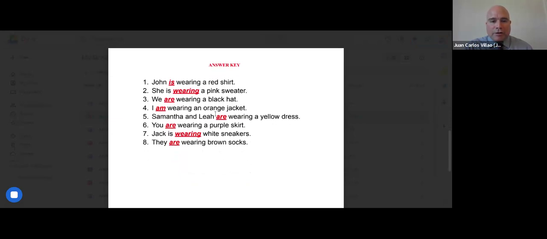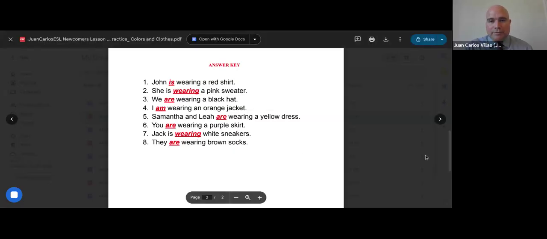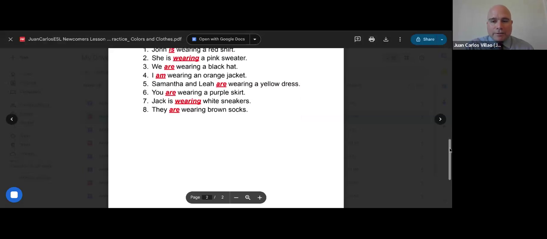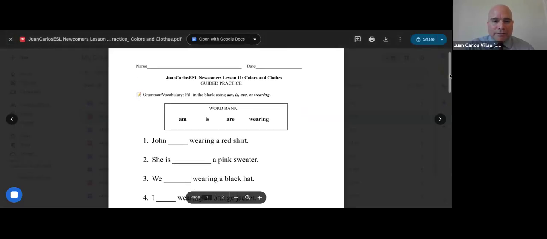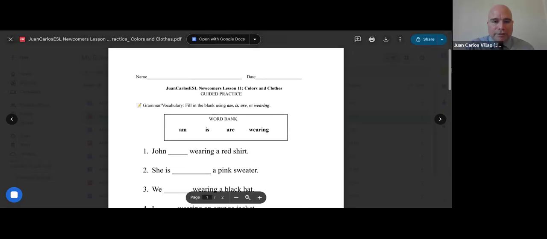I am wearing an orange jacket. Samantha and Leah are wearing a yellow dress. You are wearing a purple skirt. Jack is wearing white sneakers. They are wearing brown socks. Okay, that is our guided practice exercise. Again, you'll find this in Teachers Pay Teachers, store JuanCarlosESL.